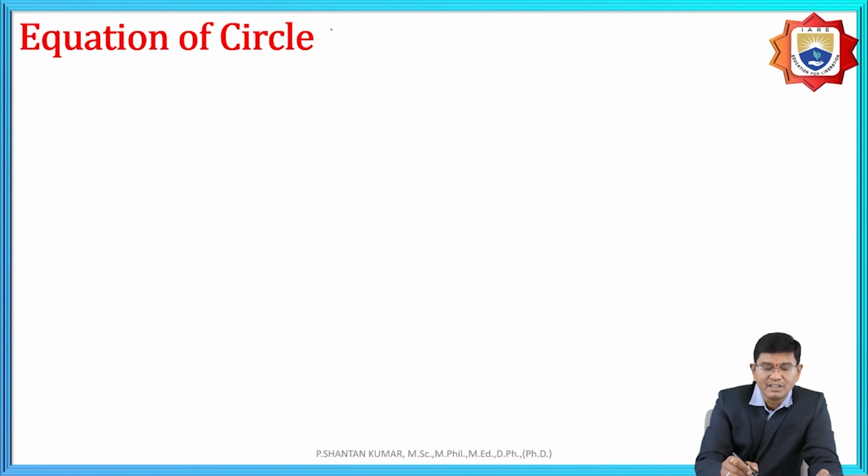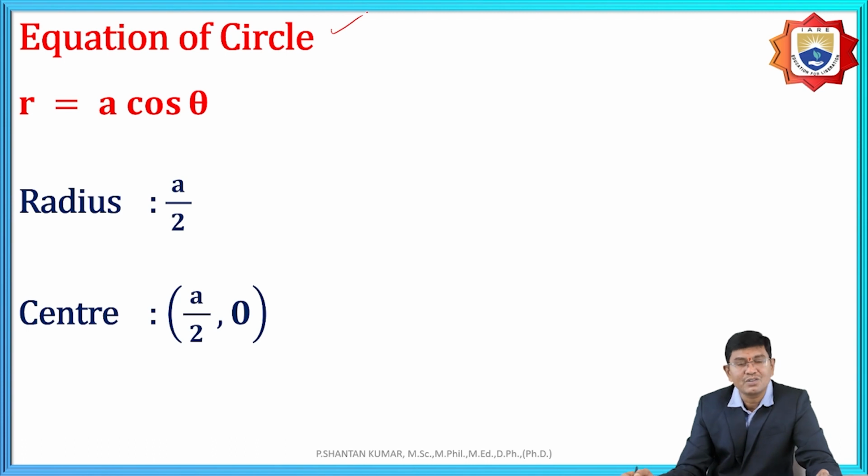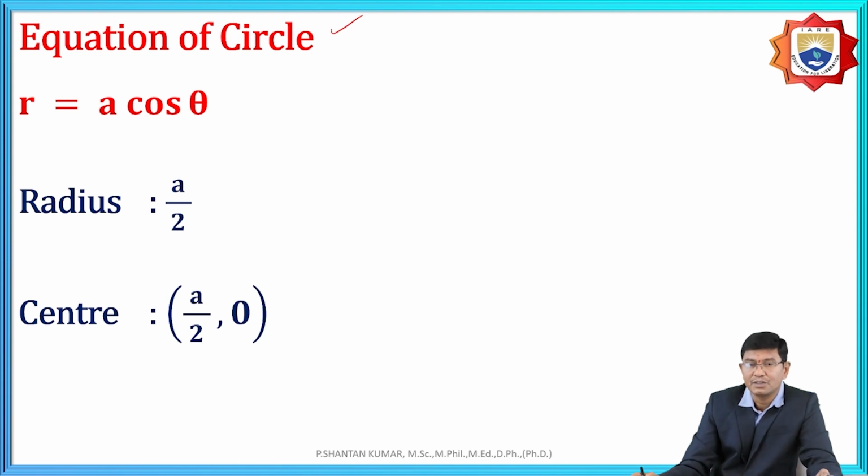Similarly, another equation of the circle is r is equal to a into cos theta. If this is considered as a circle equation, here the radius is a by 2, and the center is a by 2 comma 0. That means the radius is a by 2, the center's x coordinate is a by 2, and the y coordinate is 0.